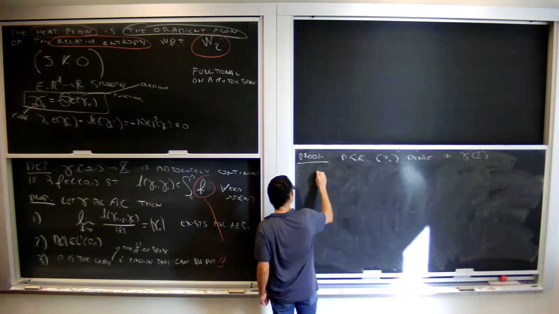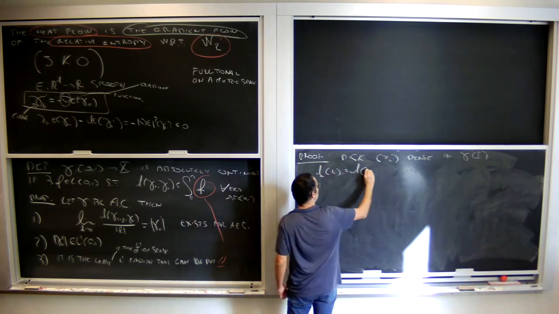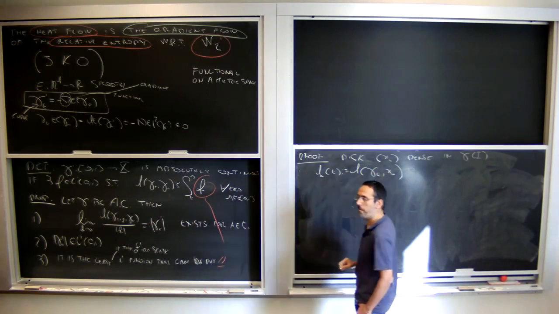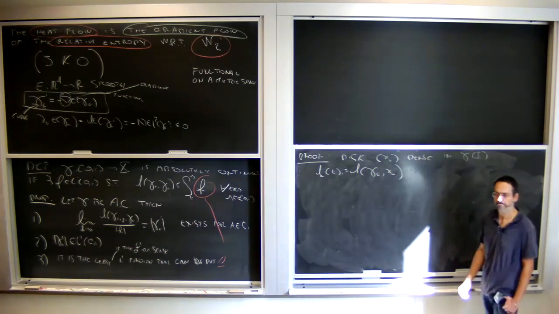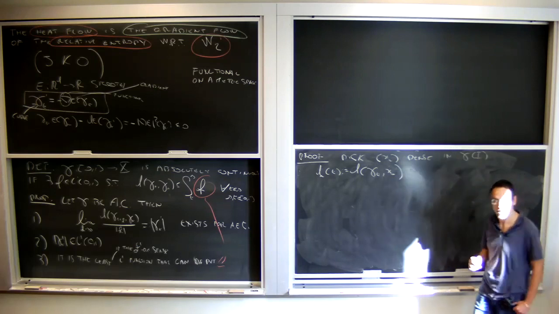dn of t is nothing but the distance between gamma t and xn. Post-compose the curve with the distance from xn.